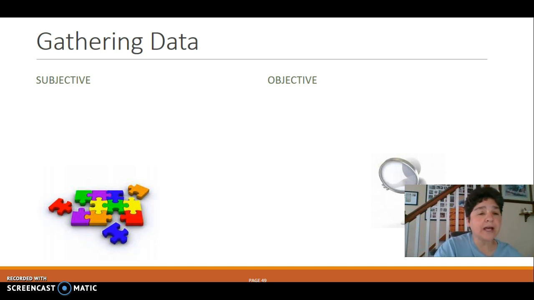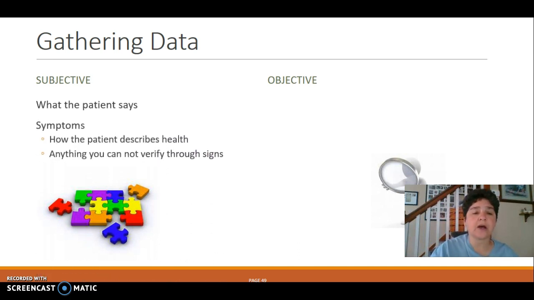So when we gather data, we're looking at gathering 2 different types of data, the subjective and the objective, as we talked about. So remember that subjective is considered a symptom. You've heard of signs and symptoms before. So subjective is the symptom, because they will describe to us what their symptoms are.